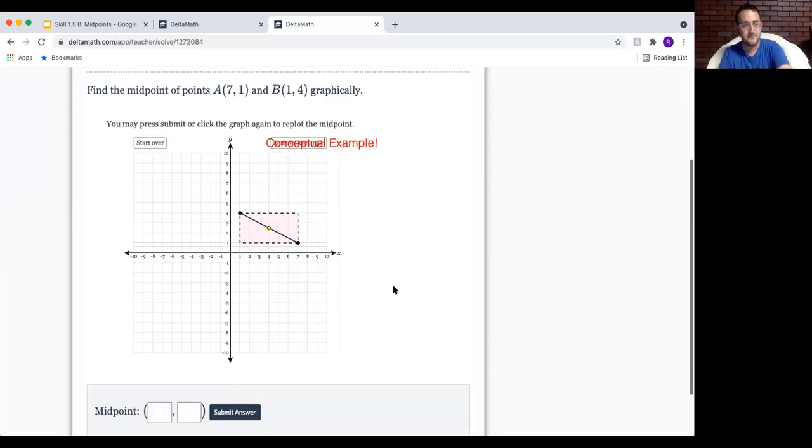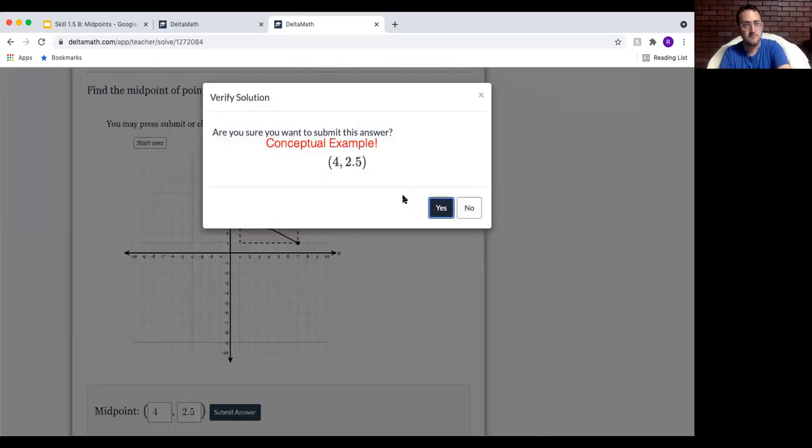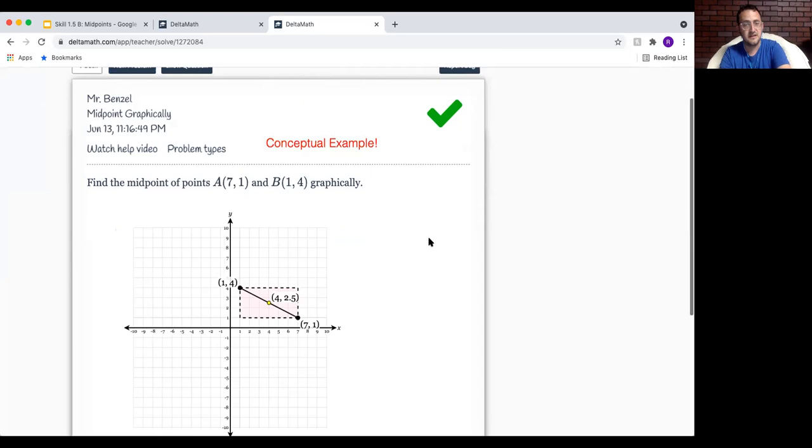It is graphed. And I can write down my coordinates. So my X coordinate is 4. And then my Y coordinate is going to be, it's a half actually. Maybe I'll do 2.5. And there we go.